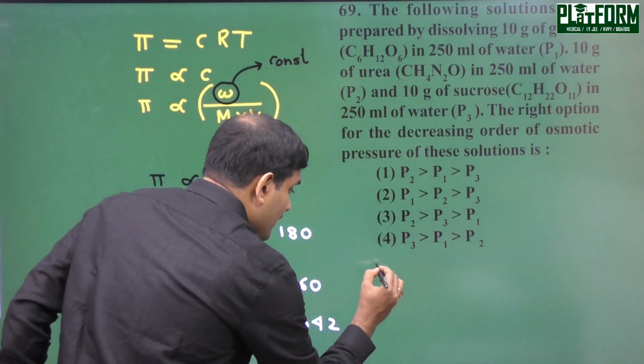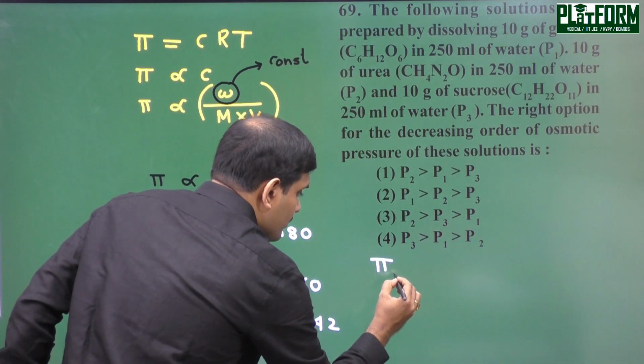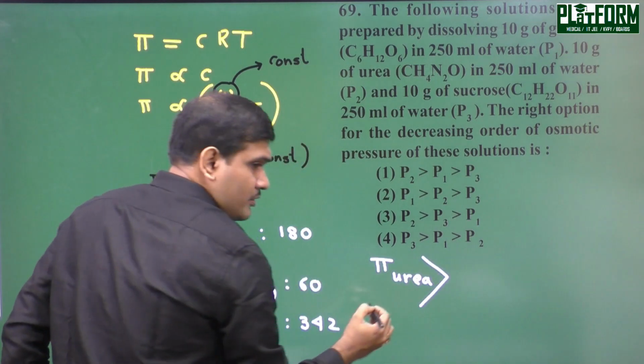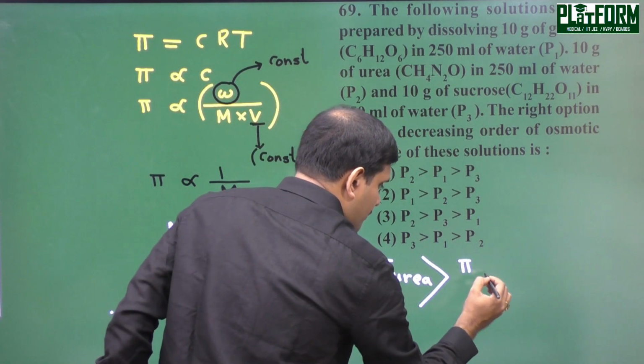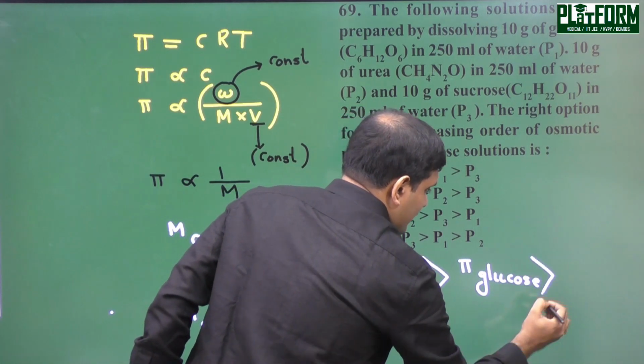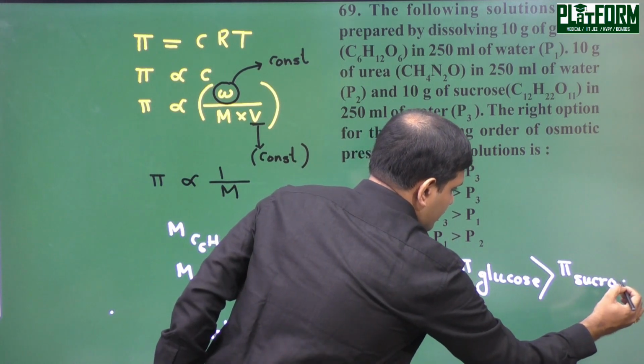So definitely the pi value of urea solution will be greater than the pi value of glucose solution, which is greater than the pi value of sucrose.